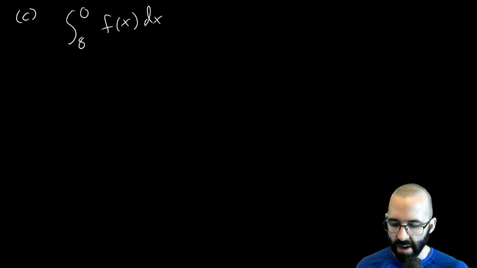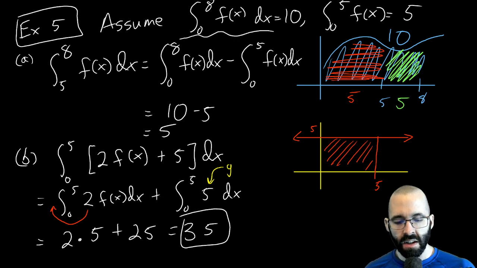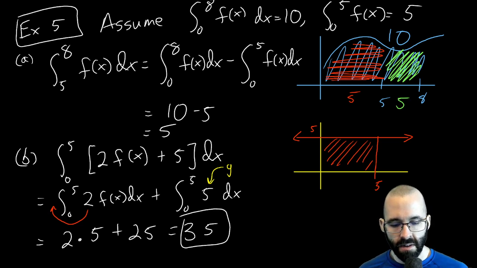Part C. Integral from 8 to 0 of our function. Okay, we have a problem with our limits of integration. Well, not necessarily a problem, but remember how I started this one by saying our limits of integration are fine because they match information that we know about the problem. But that's no longer the case, right?